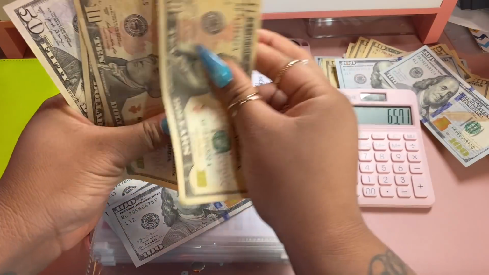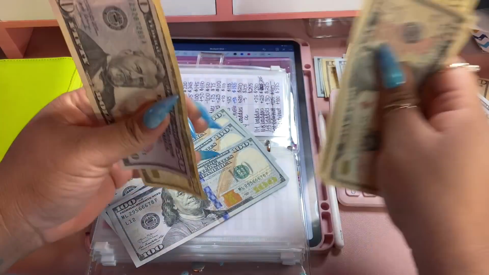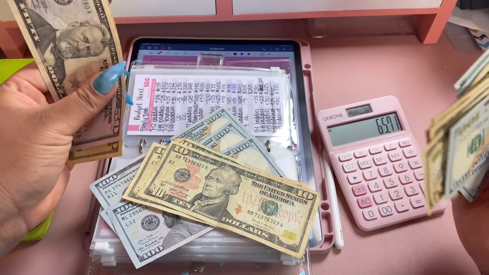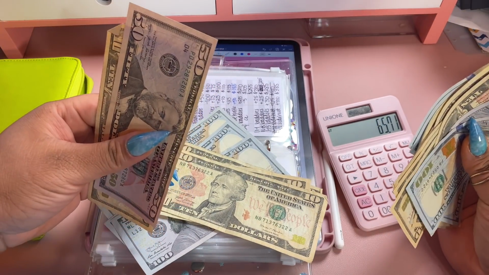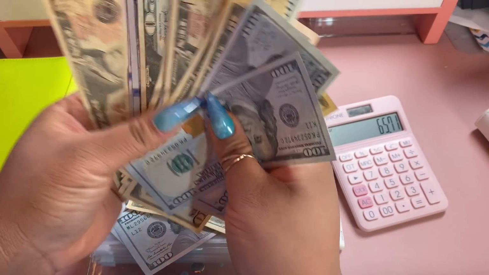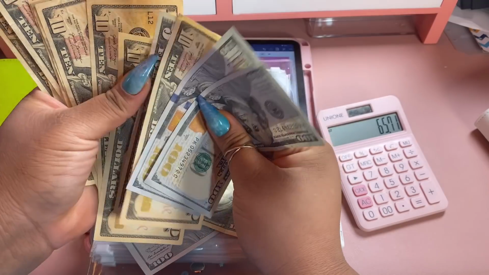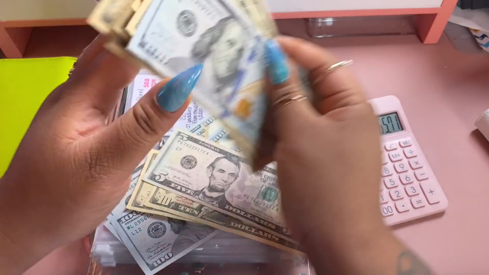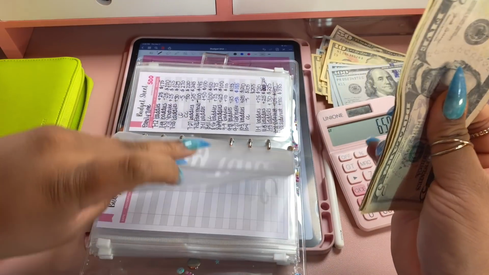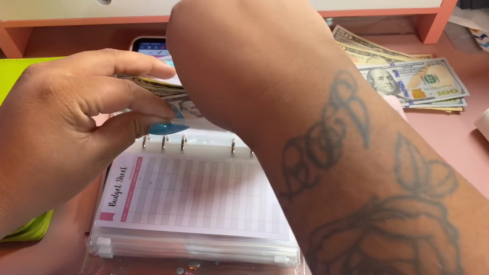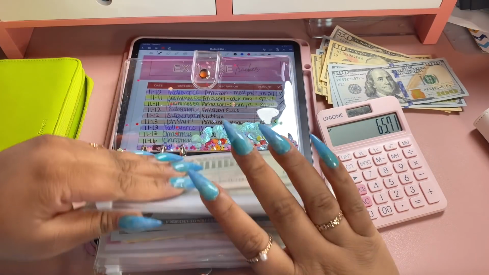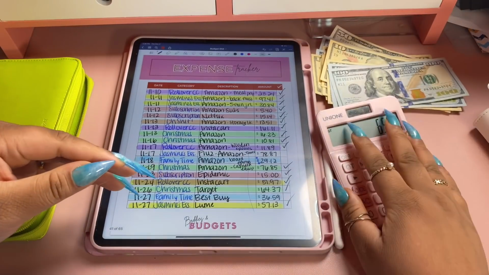So 10, 20, 30. Wait, I thought I had a 5 in here. Yeah. Okay. So we'll put 35 back, take 100 out. Okay, so family time is paid.